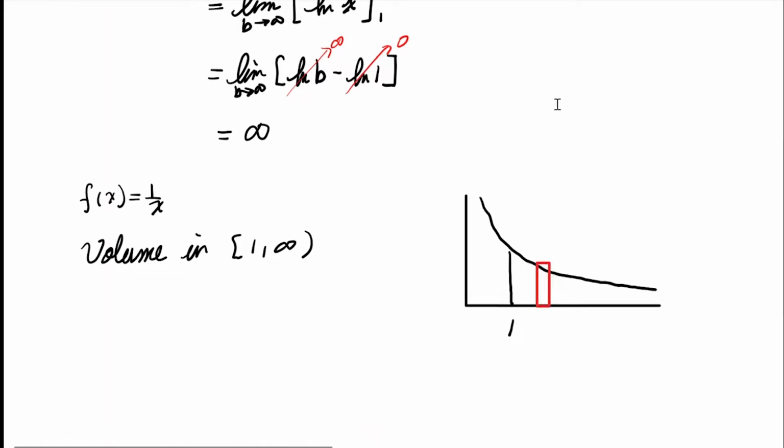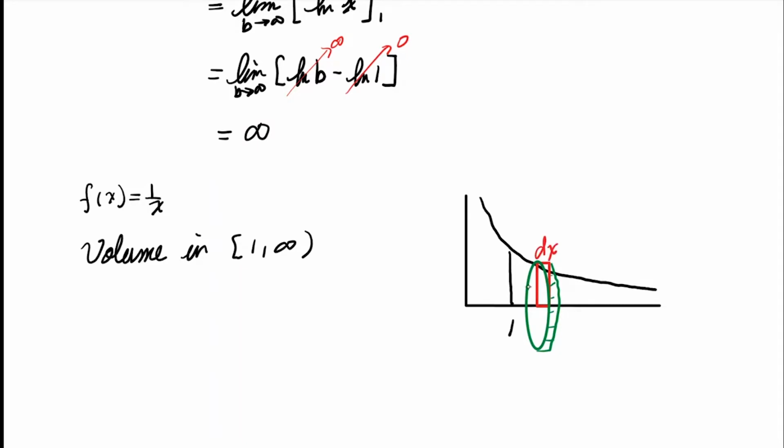Okay, so if I rotate that thing around, then I'm going to create the disk, which looks like this. That's my dV, right? So let's get the dimensions.